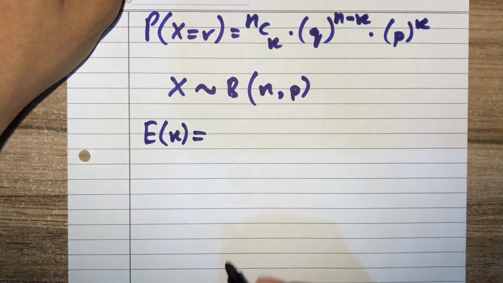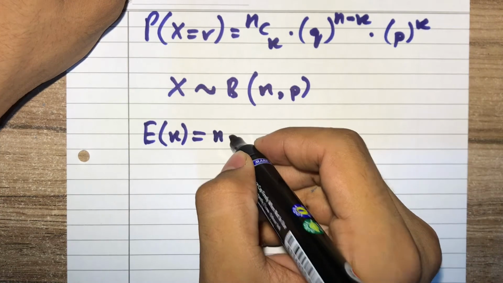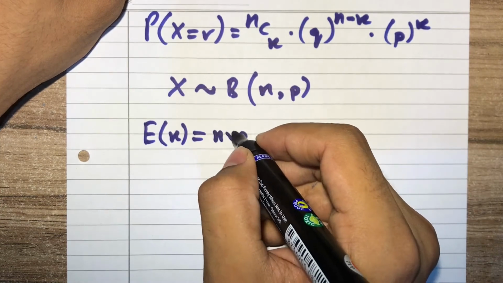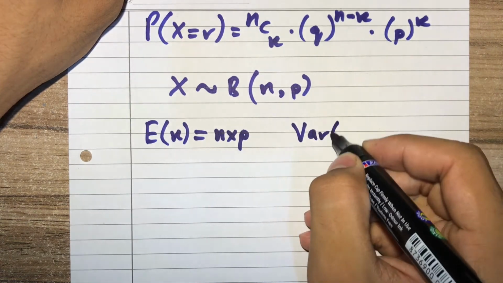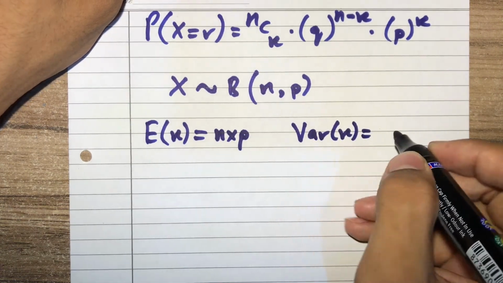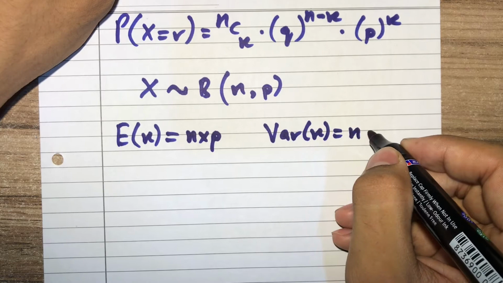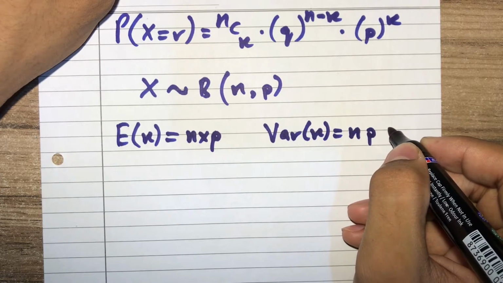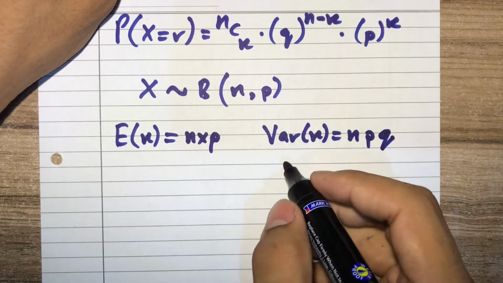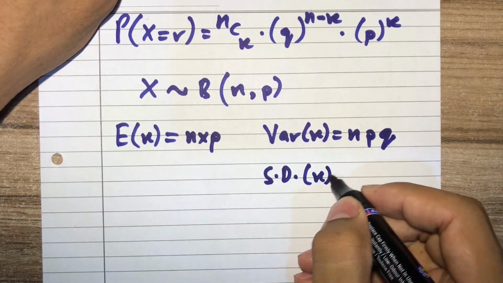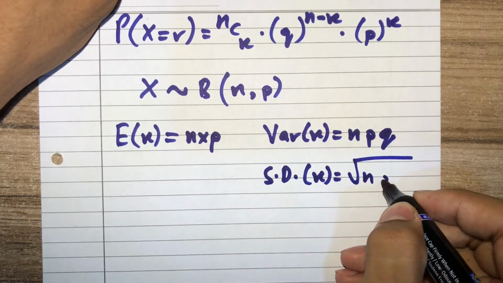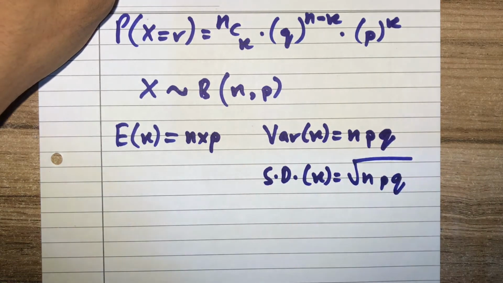This is equal to the total trials into the probability of successes, that is np. Then there is variance. The formula for variance over here is total trials into probability of success into probability of failure, and standard deviation is the root of the variance, so it will be root npq. These are the formulas that we'll be using.